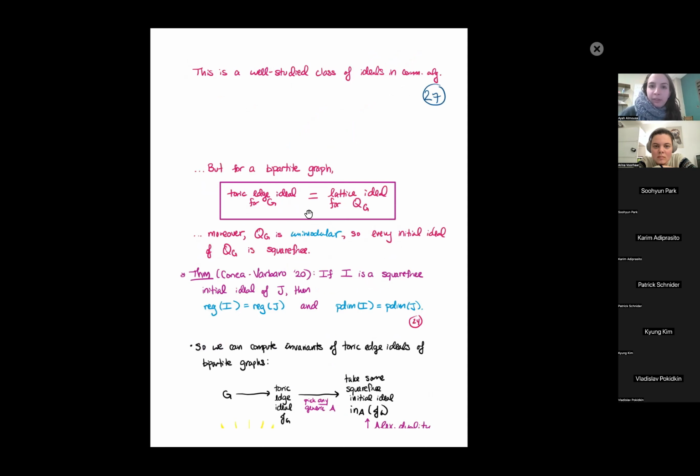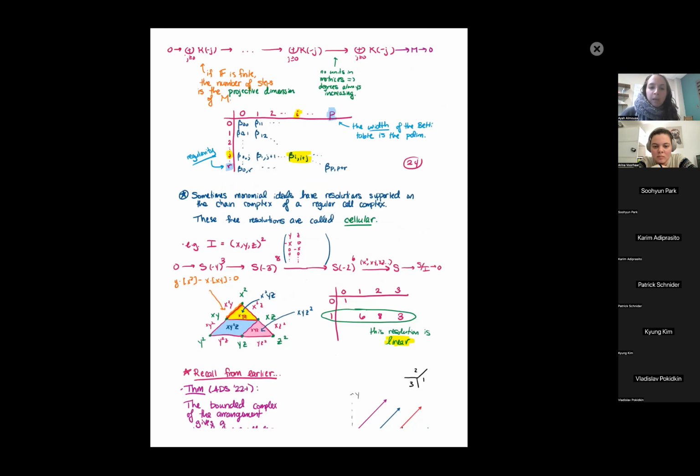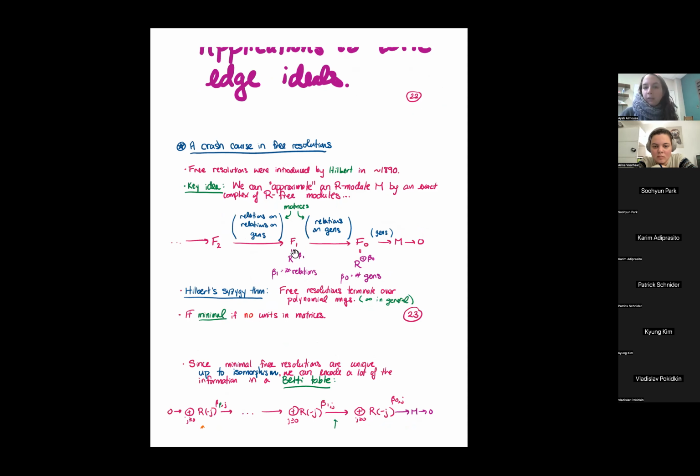And so indeed, this is a very well-studied class of ideals in commutative algebra. There are a lot of people who have been studying these things, trying to bound how bad these homological invariants, like the projective dimension and the regularity, can be. I forgot to mention when I was talking about regularity and projective dimension that sometimes it's really hard to actually get your hands on what the resolution looks like, especially understanding the maps.